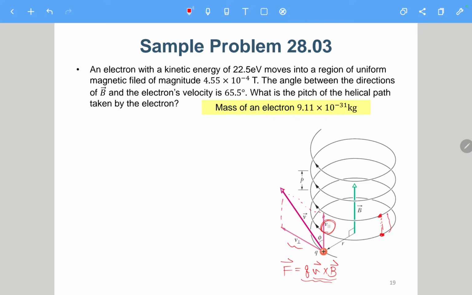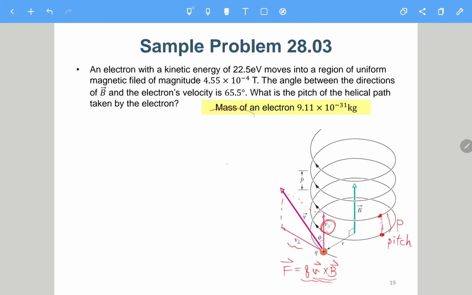This is called the pitch. Maybe we can just call it P, the pitch of the helix line. If the pitch is larger, it is something like this. If the pitch is smaller, it is something like this. So this is a small pitch, and this is a large pitch.